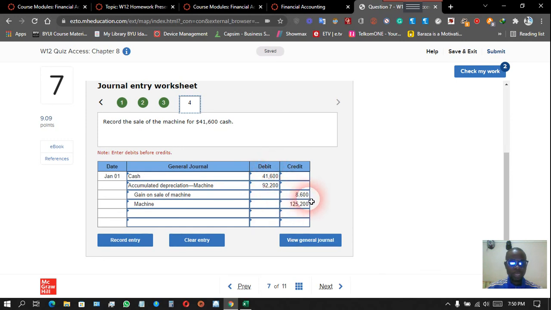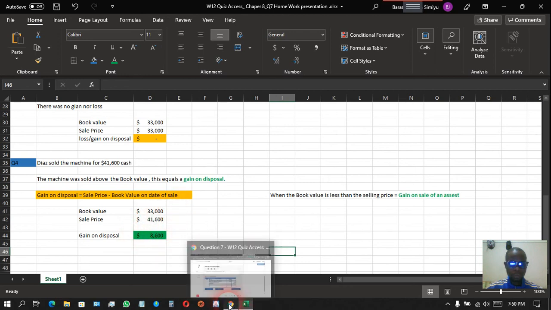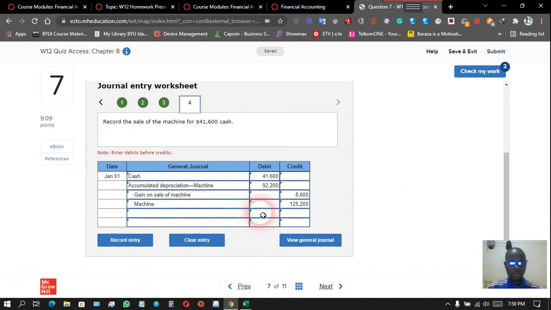Then on the other side, we'll credit the gain on the sale of the machine, and this is the gain we got by subtracting the selling price minus the book value. And we also credit the cost of the machinery, which is 125,200. So by doing this, we'll end up with the same total on the debit side and the same total on the credit side.